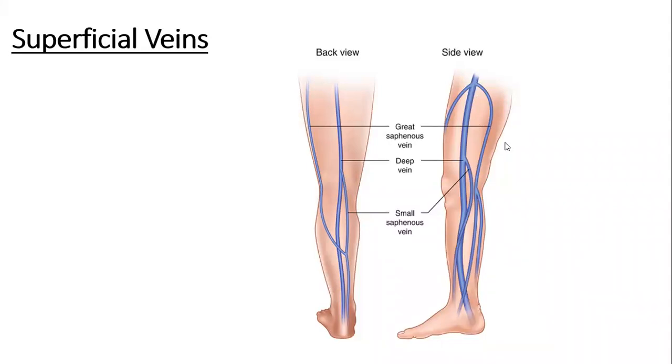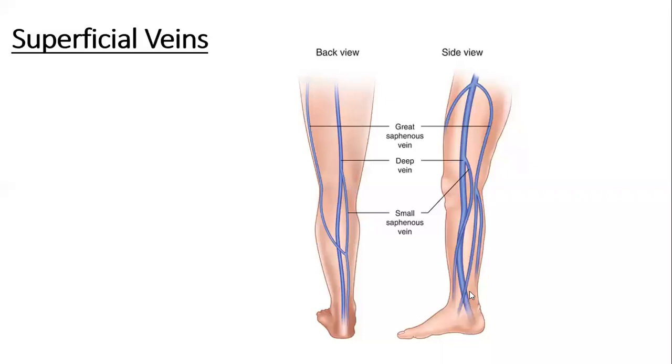So both of these veins arise from the medial and the lateral sides of the dorsal venous arch. The great saphenous vein, after arising, ascends directly in front of the medial malleolus.